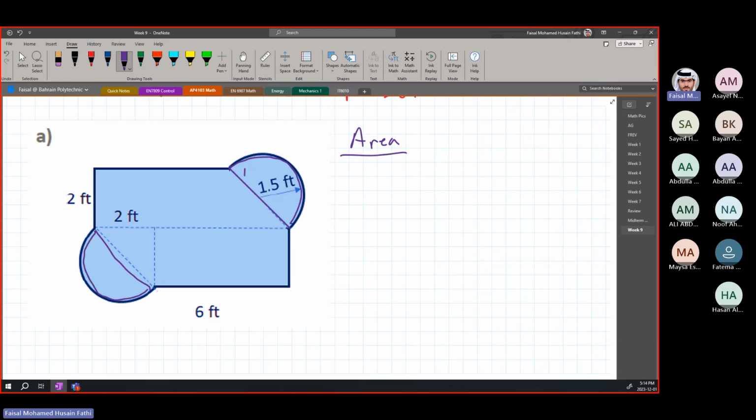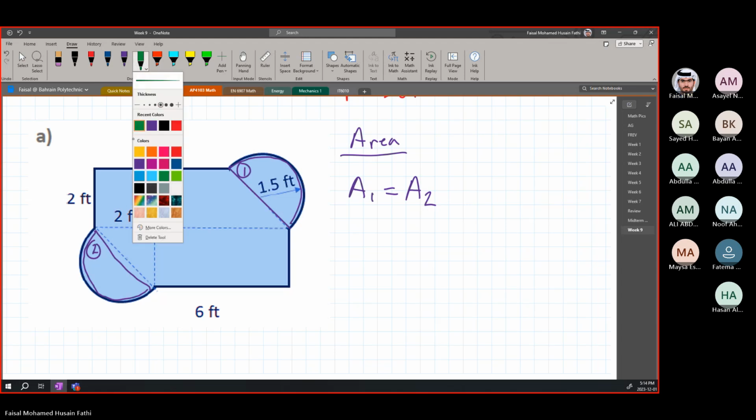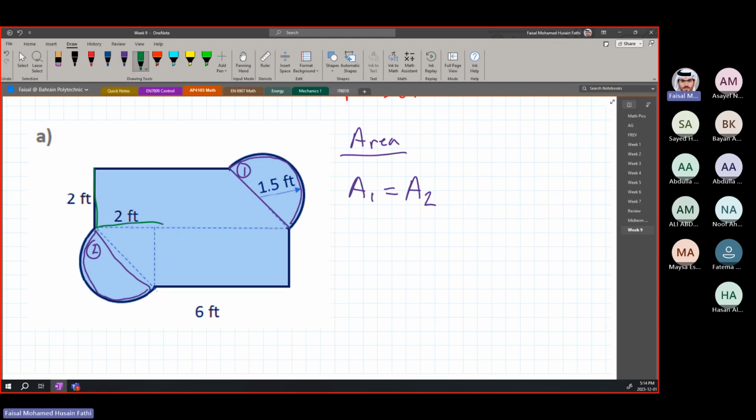So let's call this area 1, and this is area 2. But we know that A1 is equal to A2, so we just have to do the calculation once. Again, the same thing for this shape over here, the trapezoid. Okay.